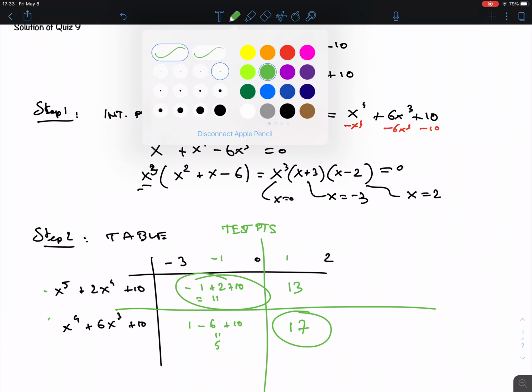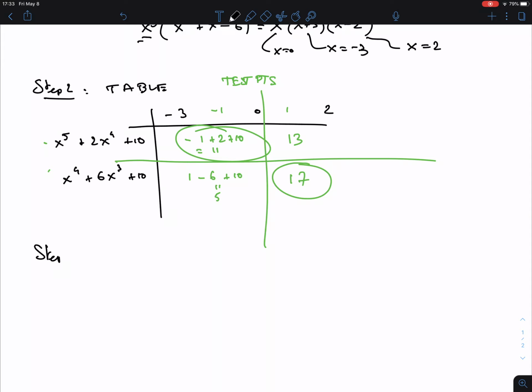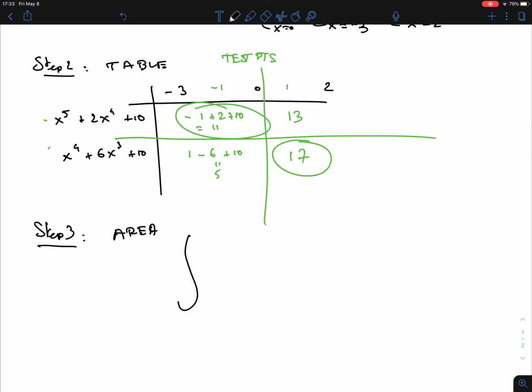Okay, and then the last thing is just writing down the actual integral that determines the area. We have to split the integral in two parts, from minus 3 to 0, and there we put the top one first and subtract the other one from it.